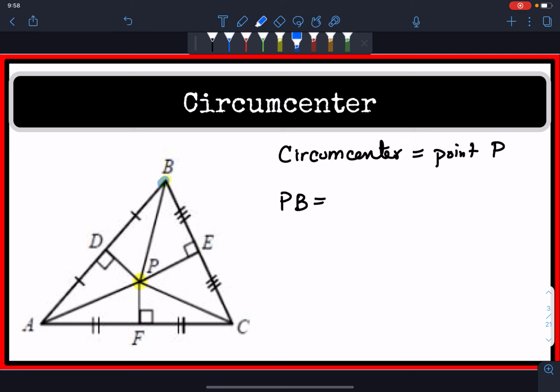Let me do them in blue: B, A, and C. The distance from the circumcenter to those vertices is going to be equal. So the distance from point P to B is the same as point P to C, which is the same distance from point P to A.